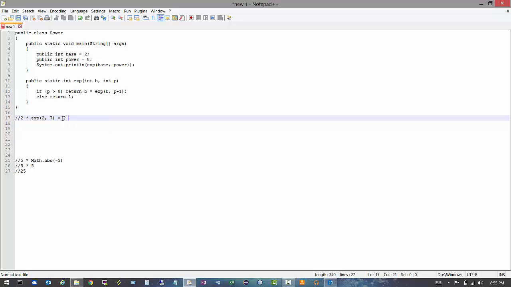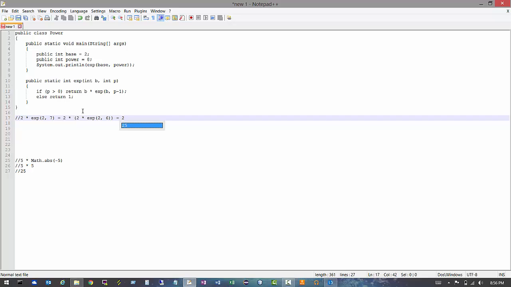So what does that equal? That equals 2 times, well, when we call exponent, 7 is greater than 0, so that's going to return base times exp of 2, p minus 1 is 6. No biggie.